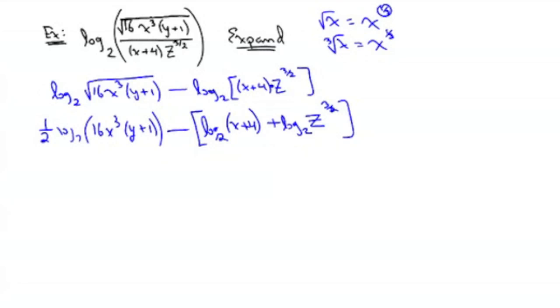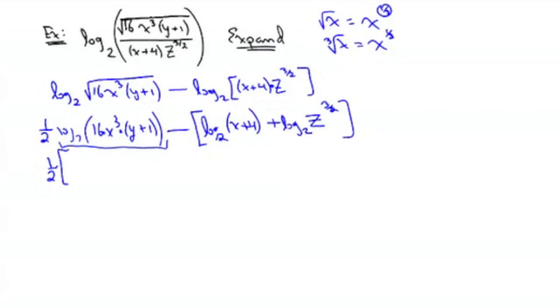All right, what can I do to this part here? How many multiplications do you see? 16 times x cubed times y plus 1. So there's 3 pieces, 2 multiplications. So this becomes 1/2 bracket.